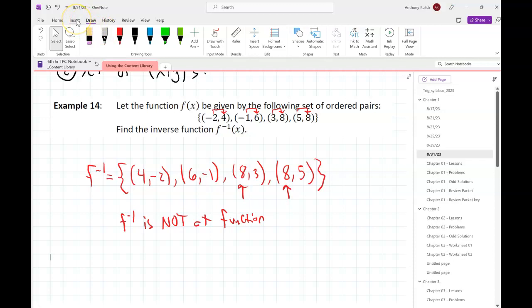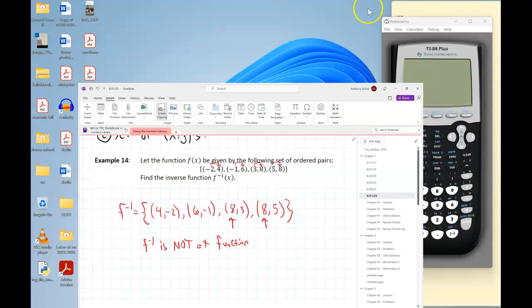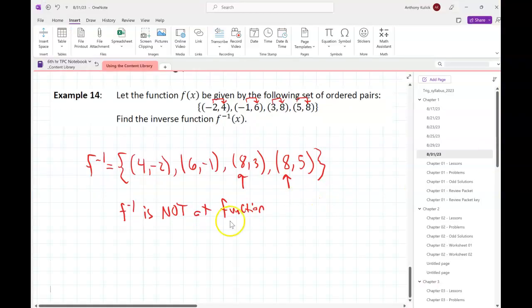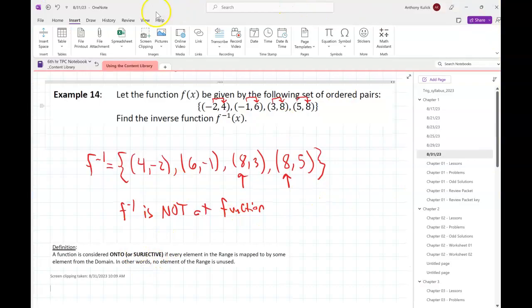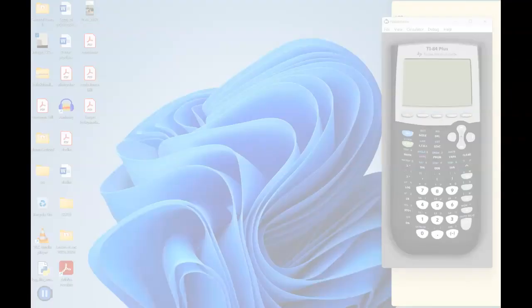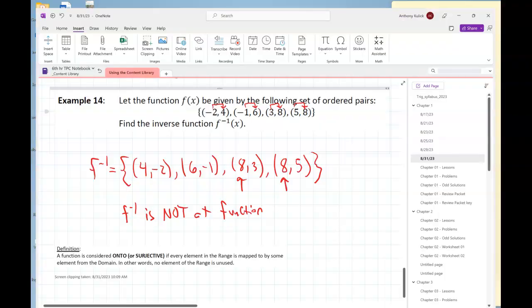And we're going to start with 3 terms. The first term is called onto or surjective. The next term is called one-to-one or injective.